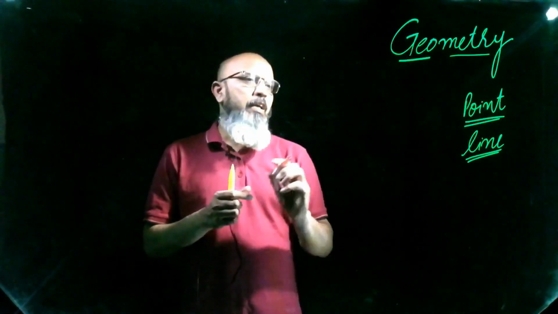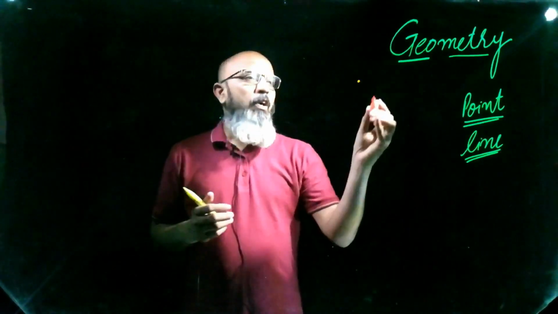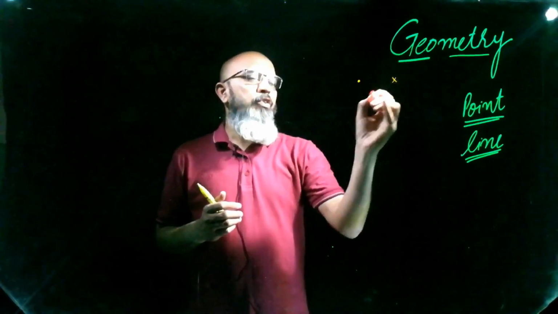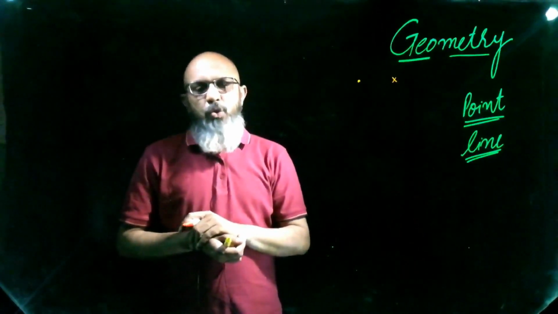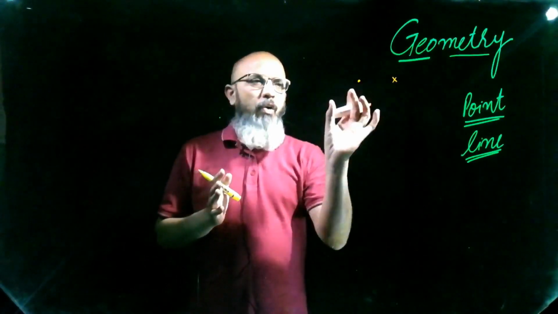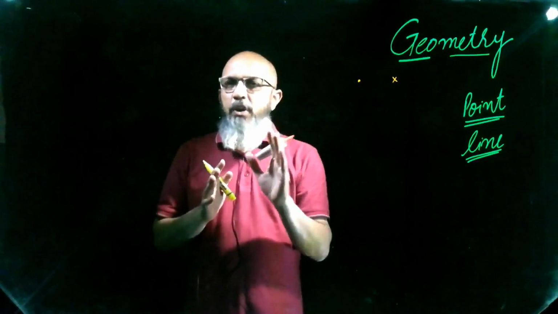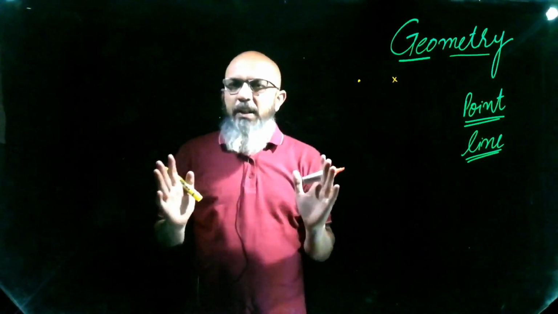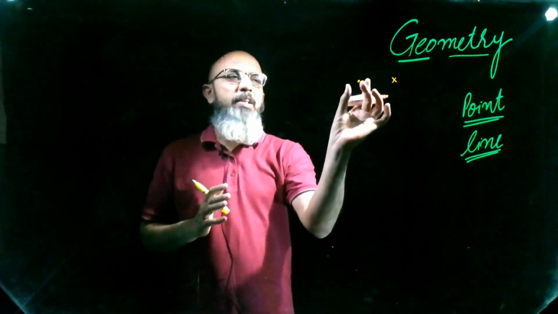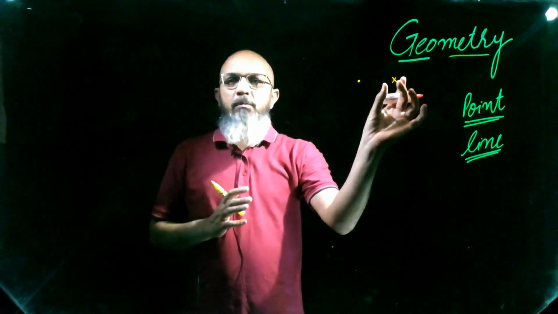Simply, in geometry this dot is a point, or you can also show points with a little cross. It has only a position. It does not have any size or shape. We show it simply by a dot. That is your point.